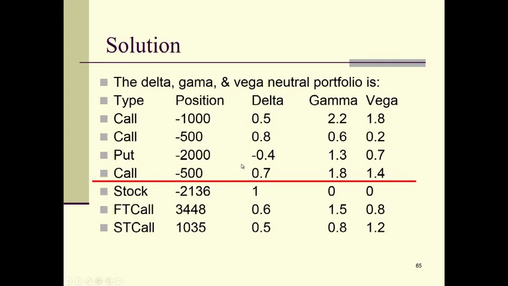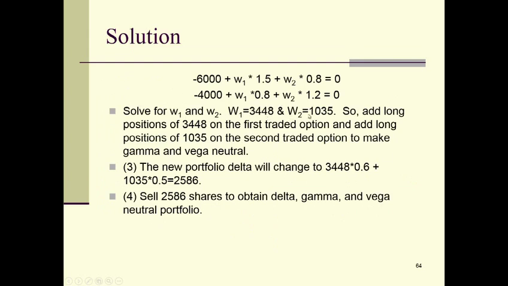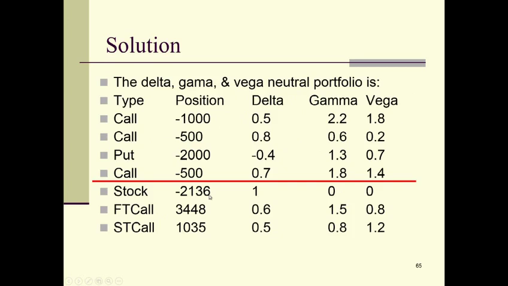Okay, so this is your original portfolio, right? So this is your hedging. So you have 34.48 and 10.35 of the two options. Now, how does 2,136 come along? Now, 2,136 is the net number of shares, right?